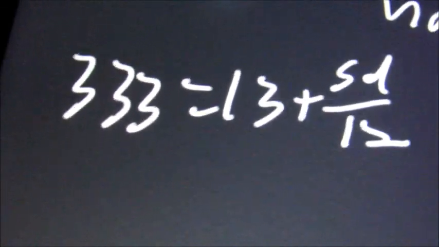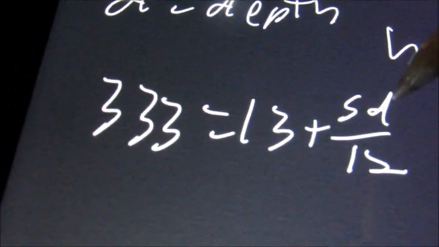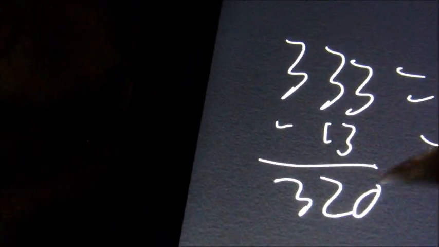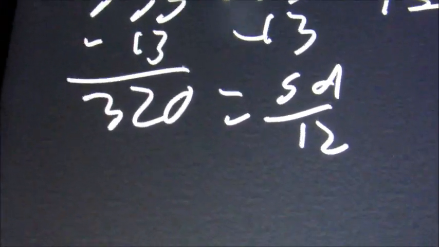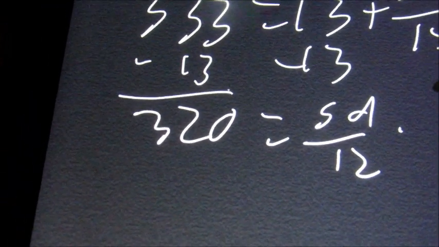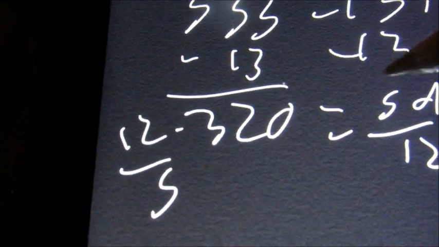Now this one gets kind of complicated, so what we're going to do is work away from the D first, so we're going to subtract the 13 from both sides. And we're going to have 320 equals 5D over 12. And again, now it's just 5/12 D, so we're going to multiply by the reciprocal, which is 12 over 5. 12 over 5.